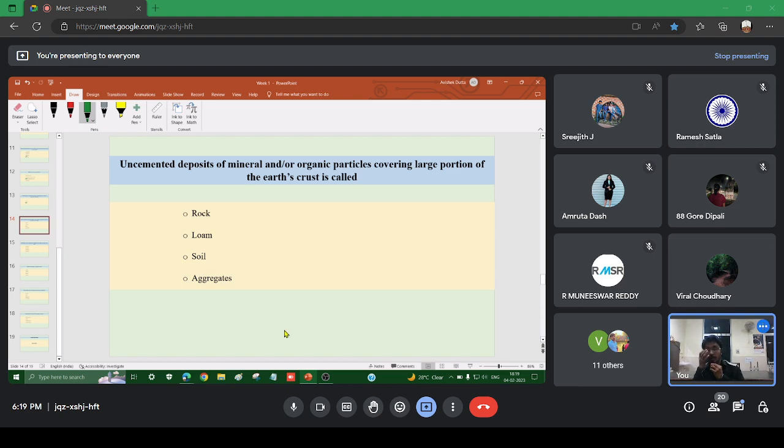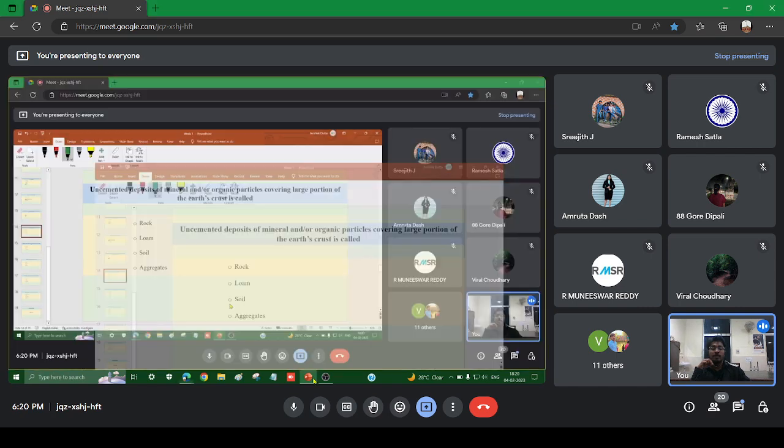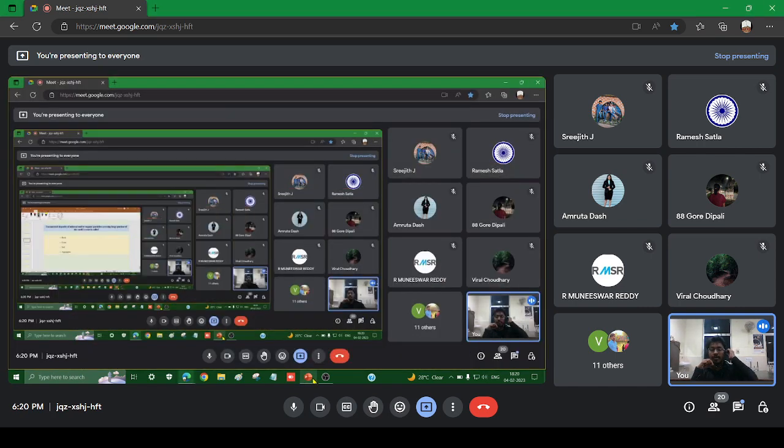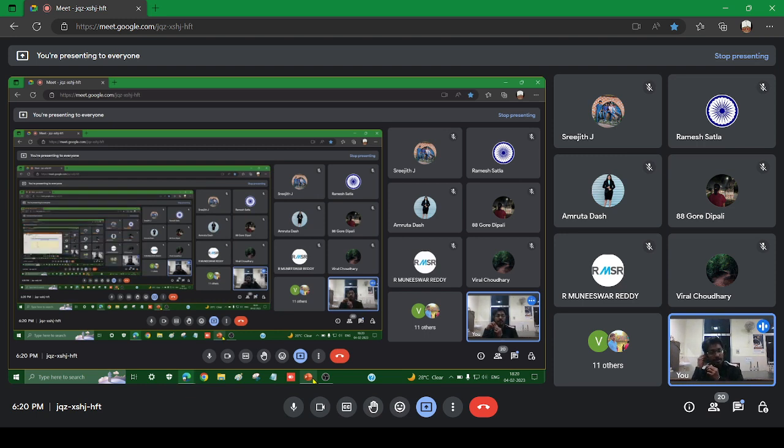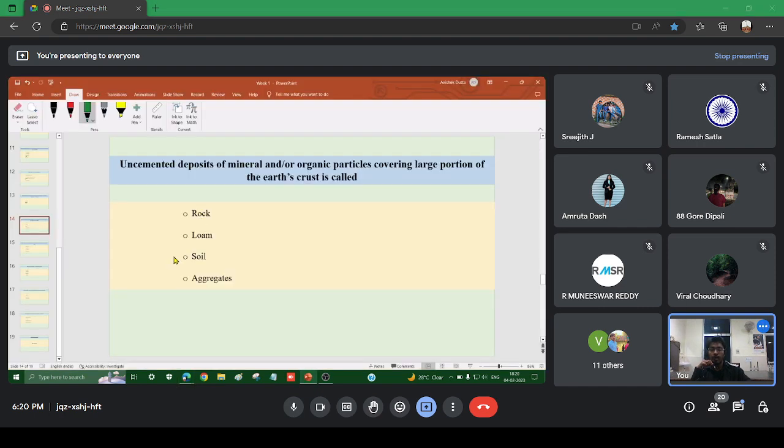Uncemented deposits of mineral and or organic particles covering a large portion of the earth's crust. Soil is the correct answer, someone said. Anyone who thinks something else is the correct answer? No one. So I'll also take the correct answer. This is soil.